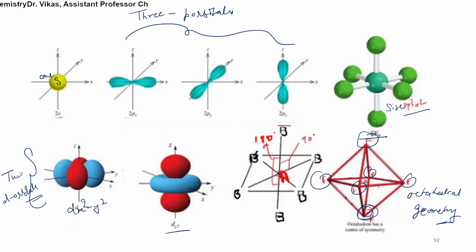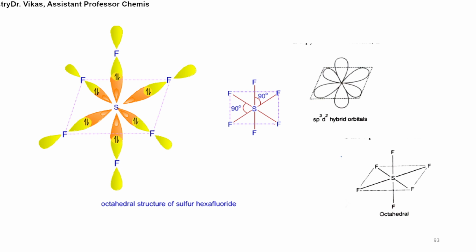Okay, the 6 fluorine atoms are in the octahedral geometry and the bond angle is 90 degrees. All of these bond angles are 90 degrees.